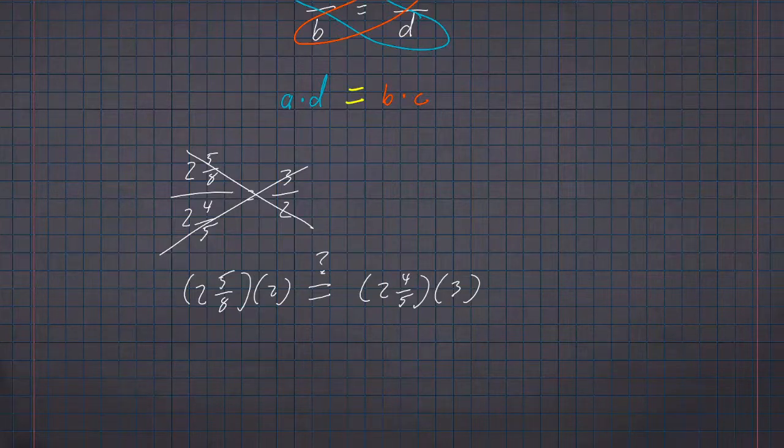We know that when trying to work with fractions, the best course of action is to rewrite them as improper fractions instead of mixed numbers. 8 times 2 is 16. 16 plus 5 is 21. 5 times 2 is 10. 10 plus 4 is 14.